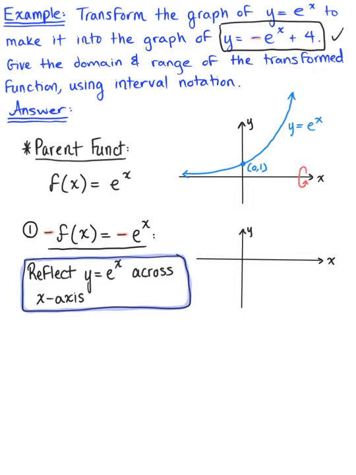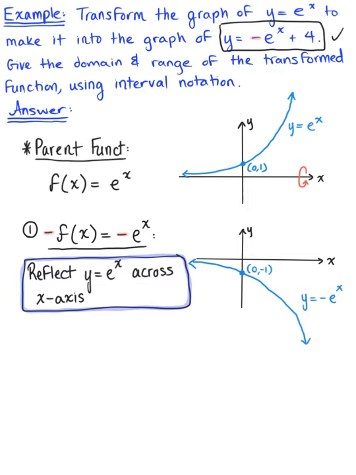So this curve has the same shape, except it's below the x-axis. So we have now a y-intercept at the ordered pair 0, -1. And again, this is the graph of y equals minus the natural exponential raised to the x power.